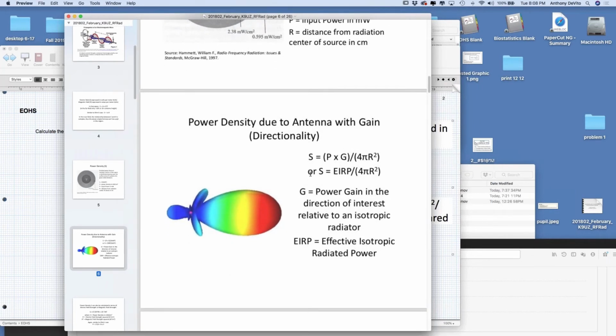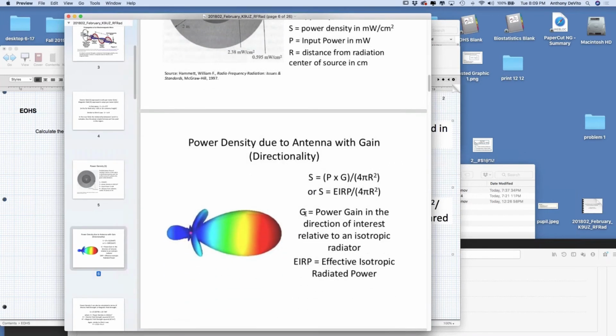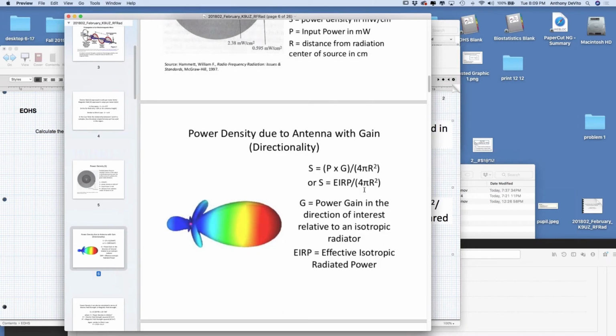In this case, this is another formula that accommodates a certain amount of directionality, if it's not isotropic, if it's not expanding equally in all directions. This formula makes up for that. This is the area.